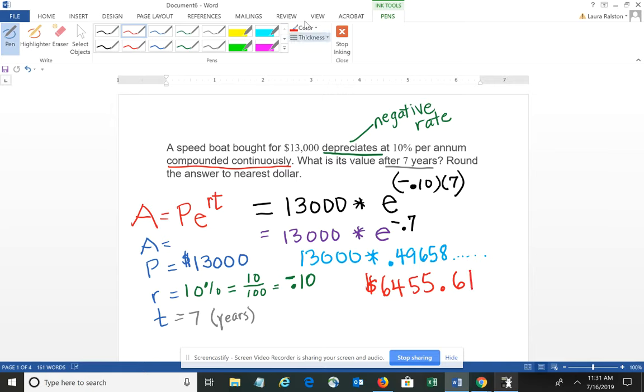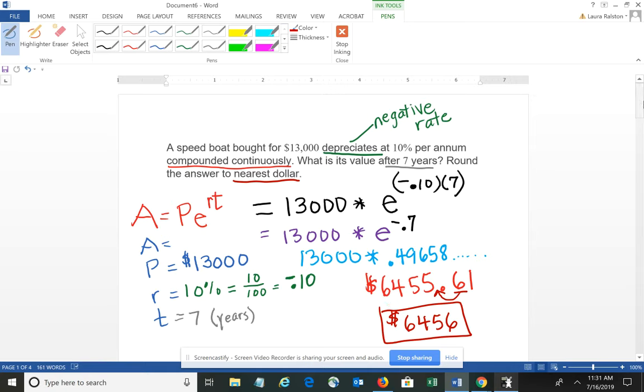But notice here in the question, it asked me to round my answer to the nearest dollar. So if I round this to the nearest dollar, the 6 that's in the tenths place is going to bump it up so that my final answer is $6,456 when rounded to the nearest whole.